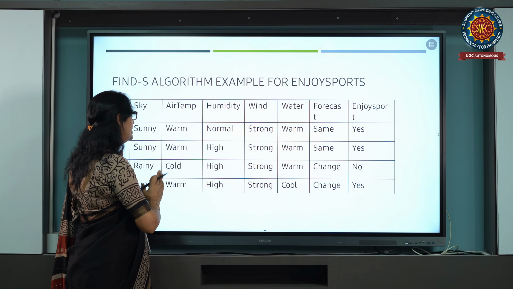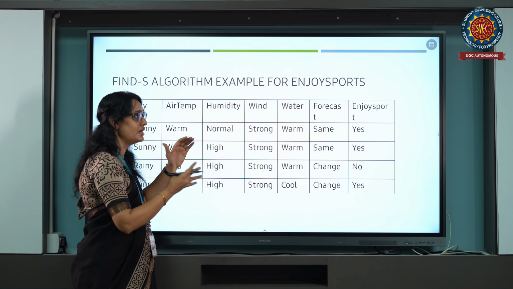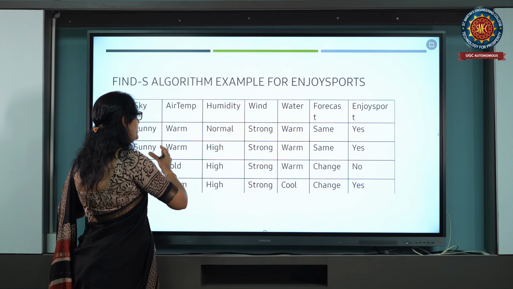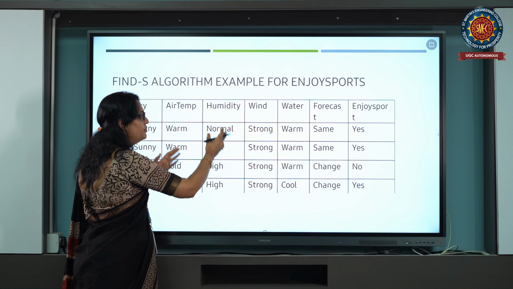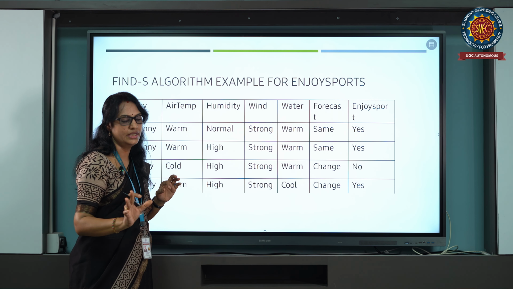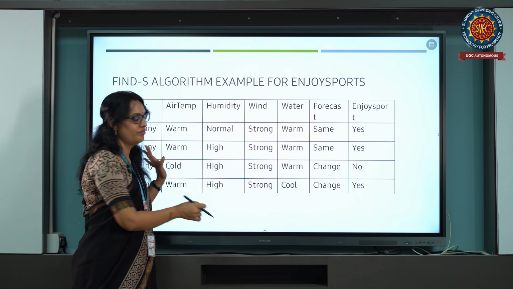Why am I taking enjoy sport? I want to know on which day the person is comfortable to play the game. Enjoy sport is nothing but the output. So we are going to apply the Find-S algorithm on this table.